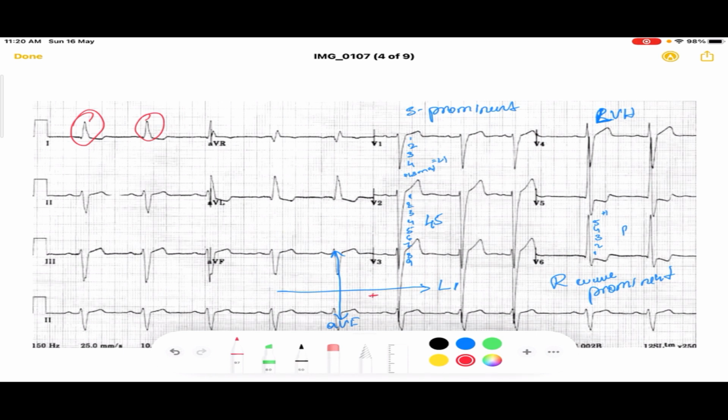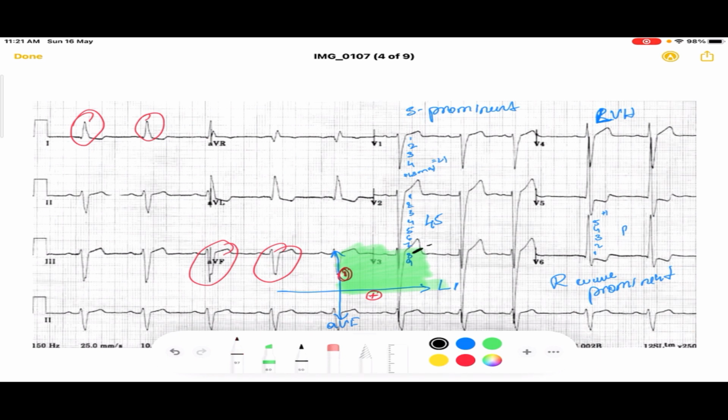Then AVF has negative waves, so the negative wave of AVF would be here. So it is involving this quadrant, which is an overlap between normal axis and left axis.